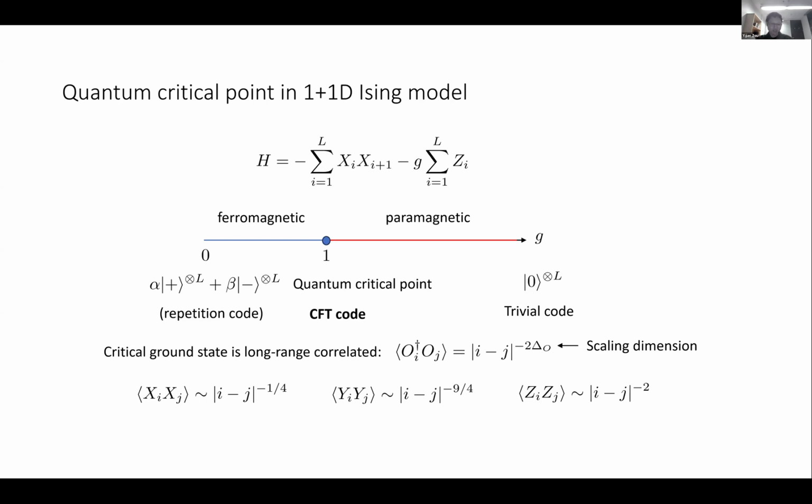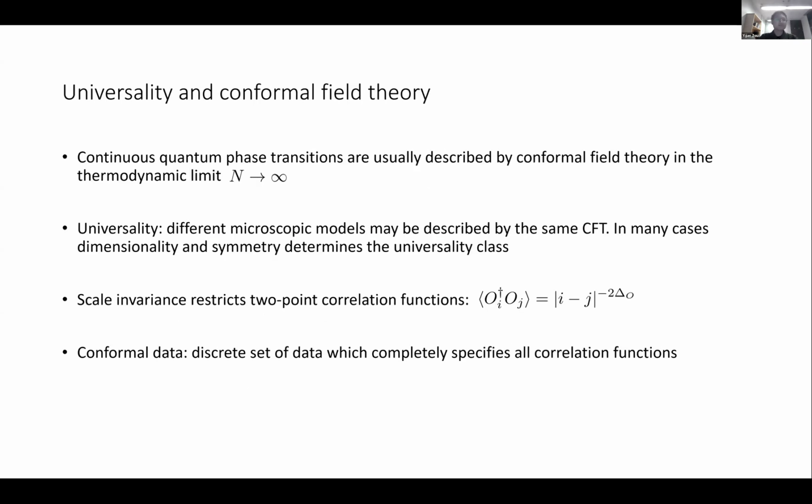For example, for the Ising model, you can exactly solve that the correlation function between XX decays as distance to the -1/4, YY decays as distance to the -9/4, and ZZ decays as distance to the -2. These numbers will be very important later on in my talk, so please remember them.